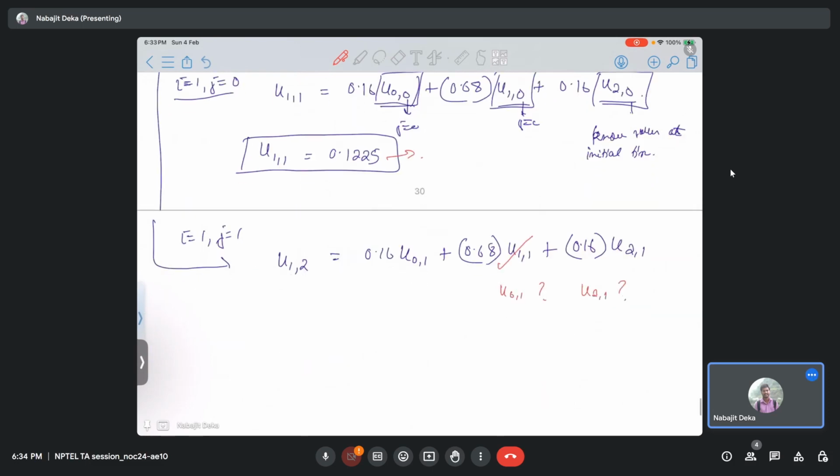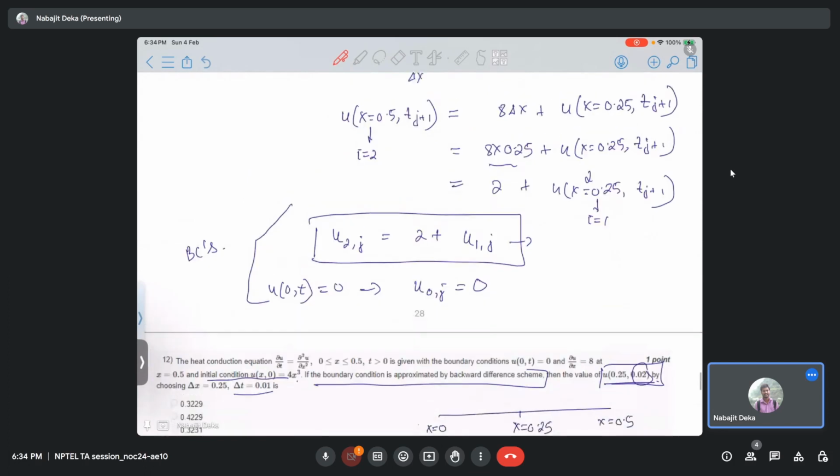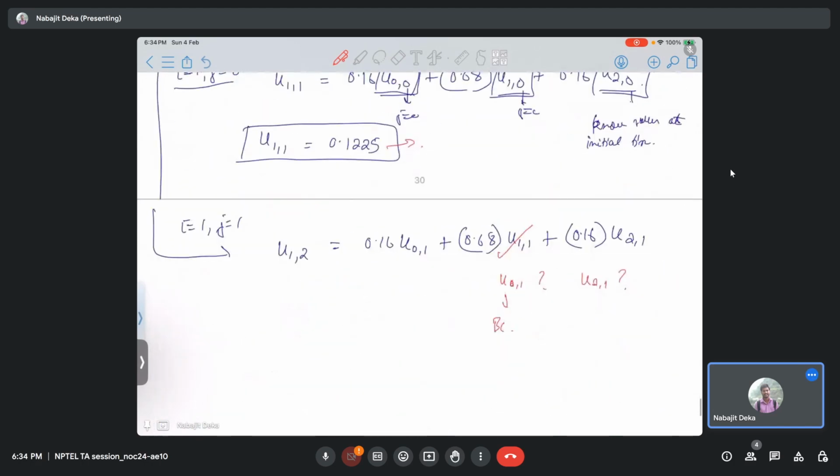So u(0,1) is a boundary condition. So we saw u(0,j) is 0, so u(0,1) will be 0. So this is the 0 boundary condition. Then u(2,1) is also a boundary condition.